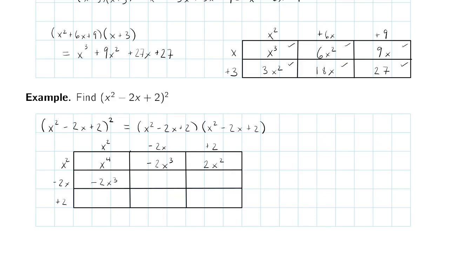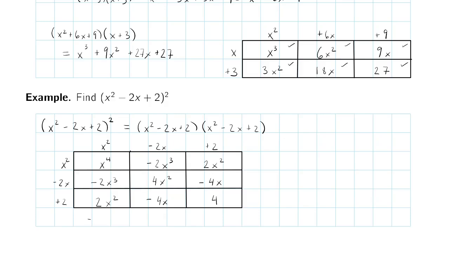Negative 2x times negative 2x is 4x squared. Negative 2x times positive 2 is negative 4x. Positive 2 times x squared is 2x squared. Positive 2 times negative 2x is negative 4x. Positive 2 times positive 2 is positive 4.